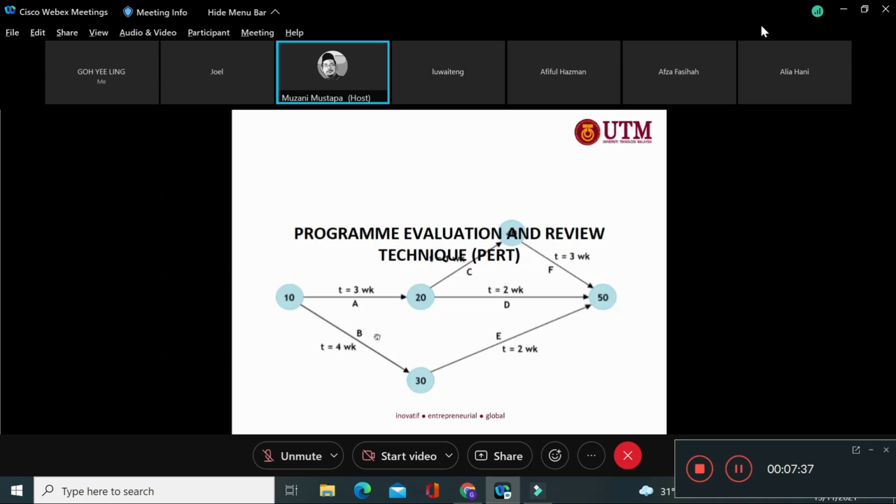So this is where, what I'm saying just now, the forward pass calculates the early start and early finish, and then the backward pass goes from the late finish to the start, right?